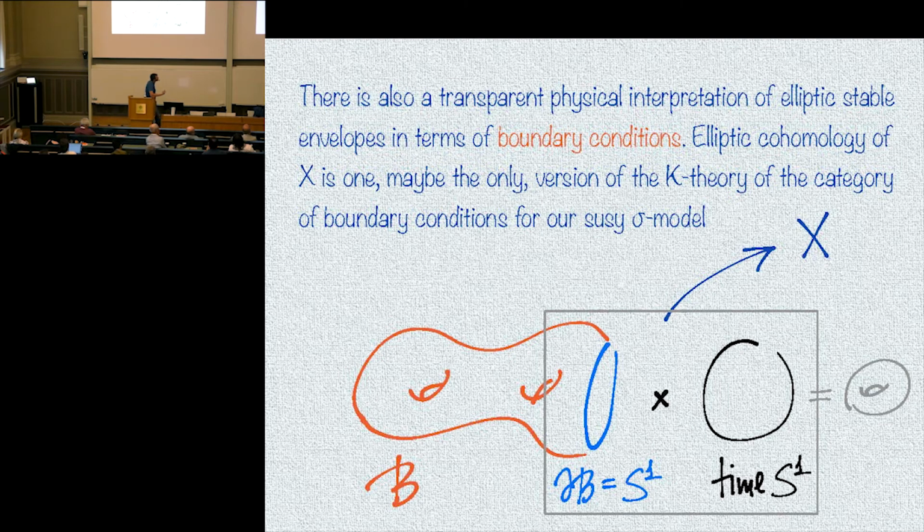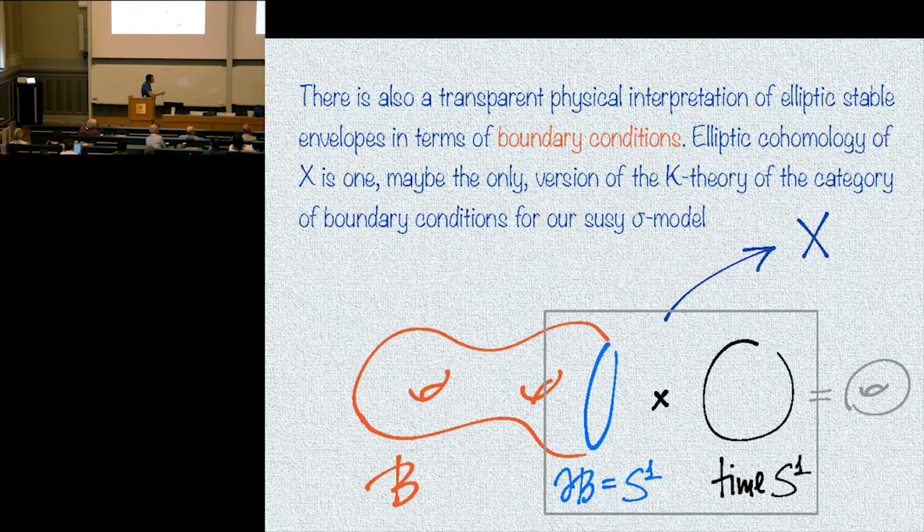So what are boundary conditions? A boundary condition is some theory. Suppose I have a curve with a boundary. There are some fields, some theory that will live on the boundary, and then the boundary times the time circle will couple to the bulk theory. That's what it means to have a boundary.